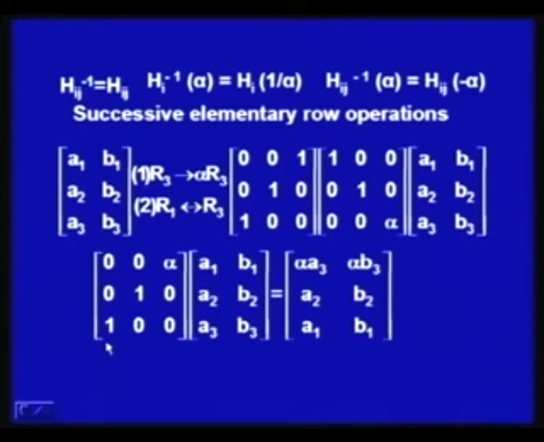So, the result is 1 here. Then this row multiplied by the second row is 0 and the third row multiplied by the third column is again 0. So, the product of these 2 matrices, elementary matrices, comes out to be this.